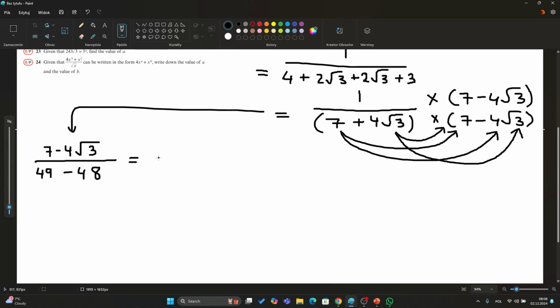And now this is 7 minus 4 root 3, because this is equivalent to 1, so 7 minus 4 root 3 by 1 is 7 minus 4 root 3.